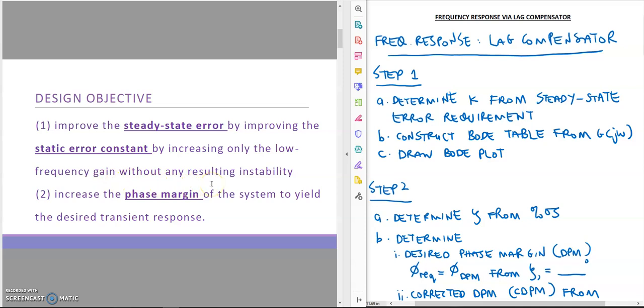And the second objective is to increase the phase margin of the system to yield the desired transient response, either Tp, peak time, or Ts, settling time.